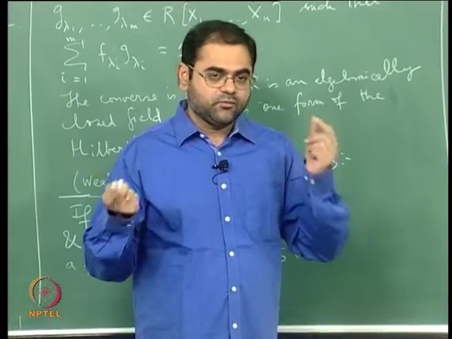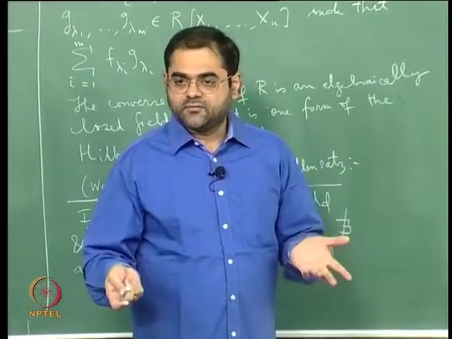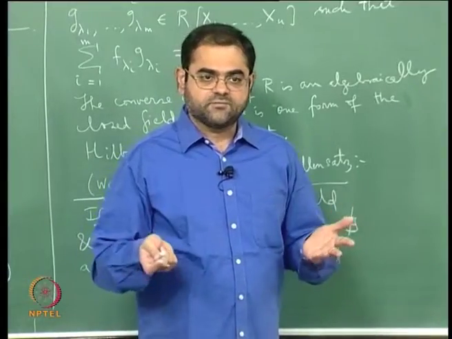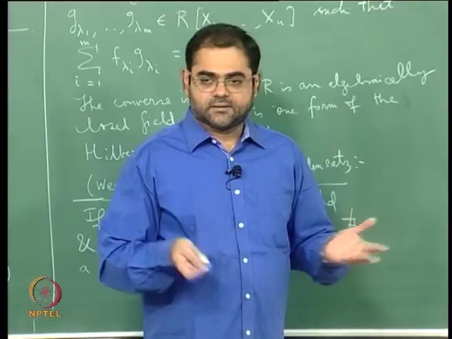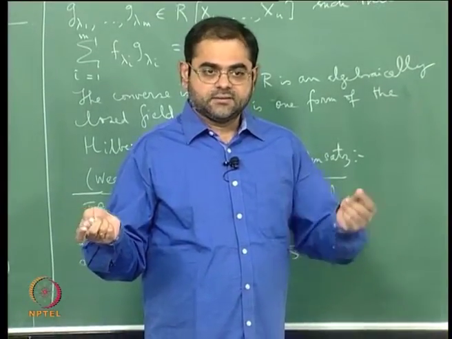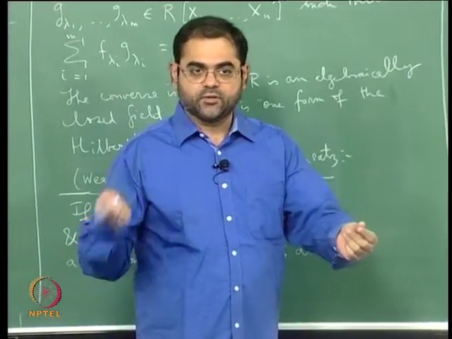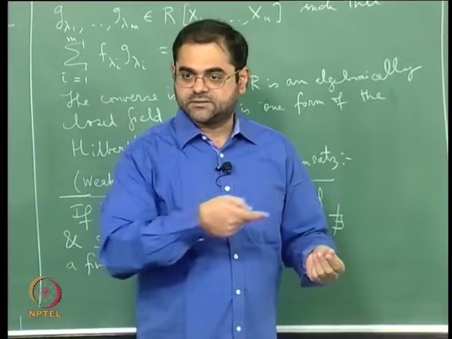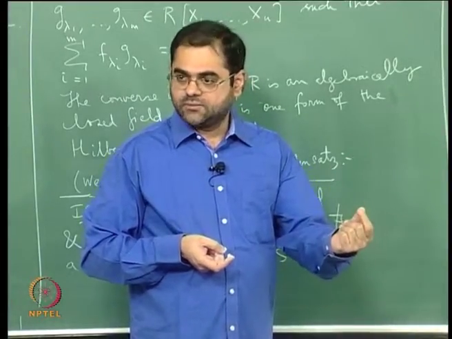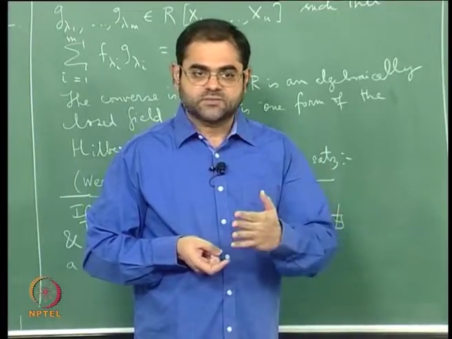And this is in tune with our common sense, okay, because if you take a real valued function on some subset of Rn, or a complex valued function on a subset of n dimensional complex space Cn, then the set of points where the function takes the value 0 is going to be a closed set provided the function is continuous, because a point is always a closed subset, and if a function is continuous the inverse image of a closed subset is closed.